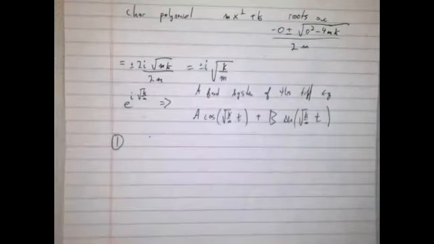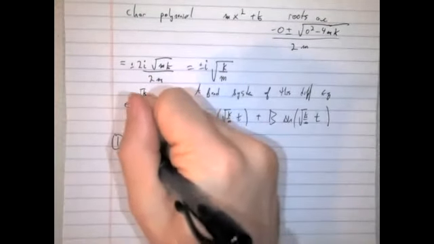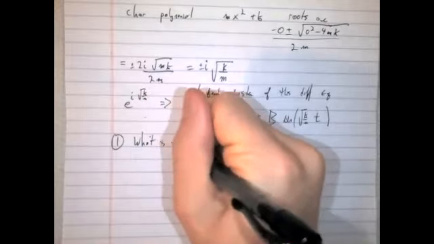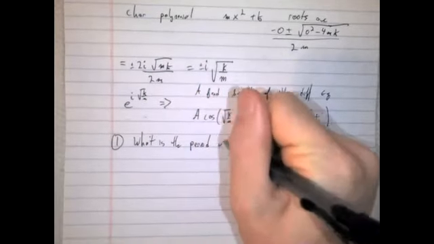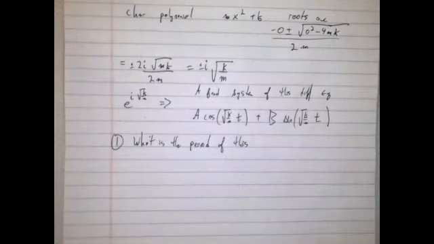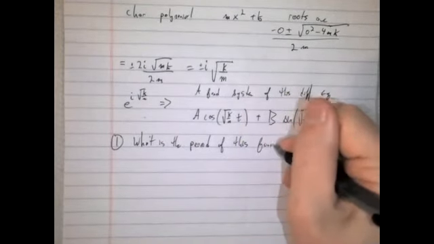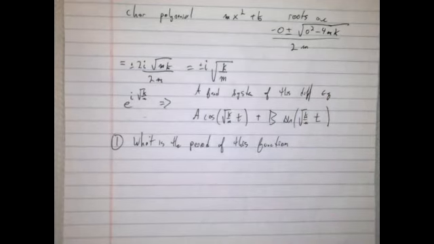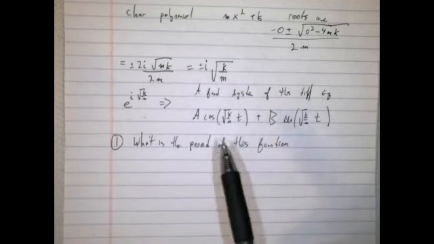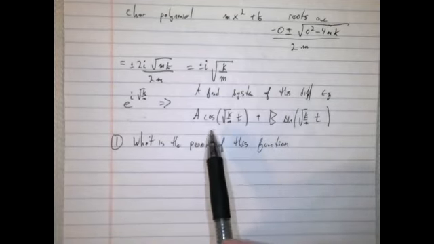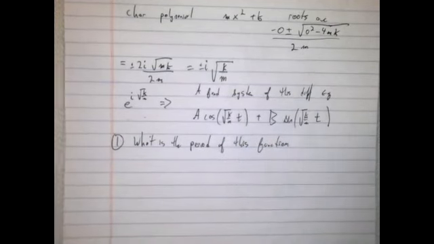First of all, what is the period of this function? Remember that both cosine and sine have periods, namely the functions just look like translates of themselves, and the periods of cosine and sine are both 2 pi. Well, if the period of cosine is 2 pi, what is the period of cosine root k over m times t?